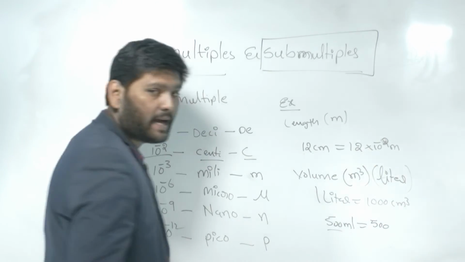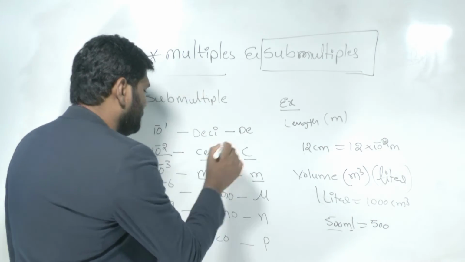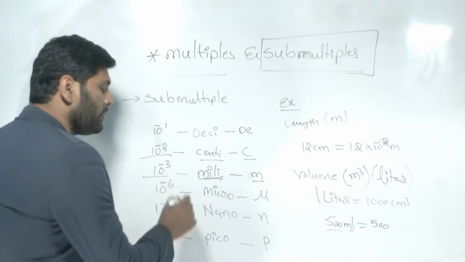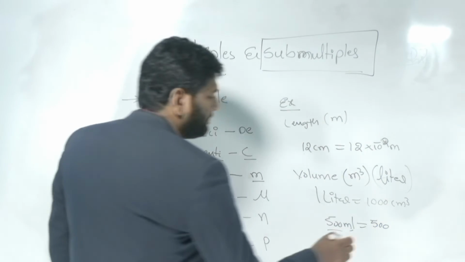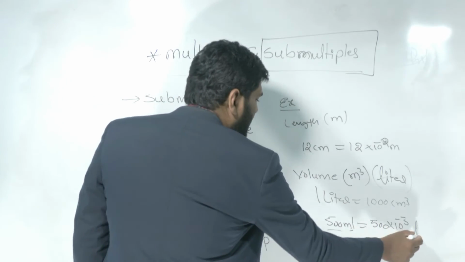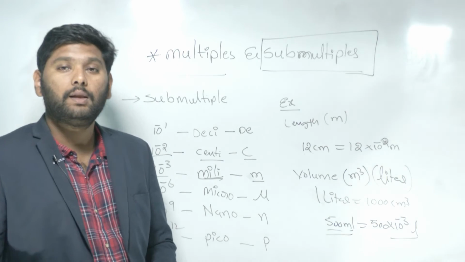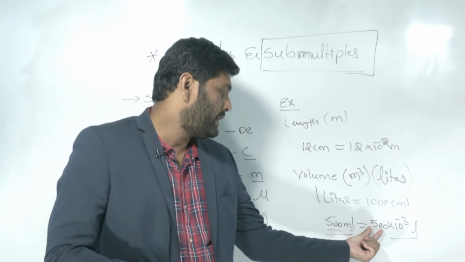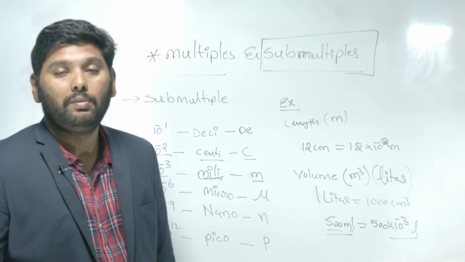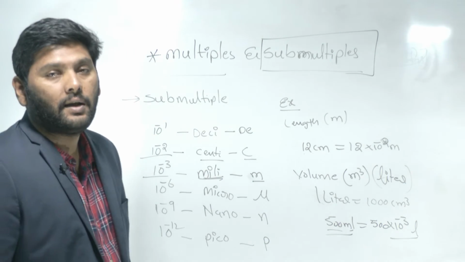The 500 is as usual, but here M stands for what? Milli. But milli means what? 10 power minus 3, which means 500 ml is nothing but 500 into 10 power minus 3 liters. So shortly we express it as 500 ml.